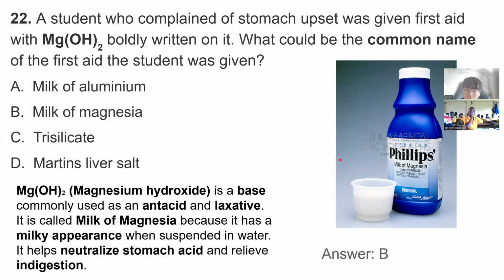It helps neutralize stomach acid and relieve some stomach upsets. On the picture you can see milk of magnesia has this milky appearance, and it contains magnesium hydroxide. You can see over here. Just remember that that is the common name.